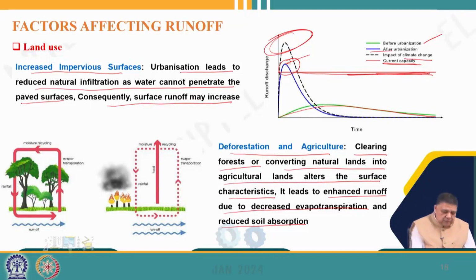As we have seen, if it is a forest area, a lot of water is stored on the surface itself because of the litter and all, but if that is converted into agricultural land, the evapotranspiration, which was much higher because of the plantation, will go down, and there will be no storage on the surface because there is no litter. So, there will be more runoff generated if there is deforestation or conversion of land into agricultural land.